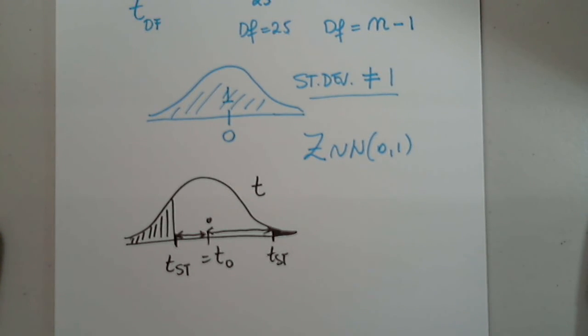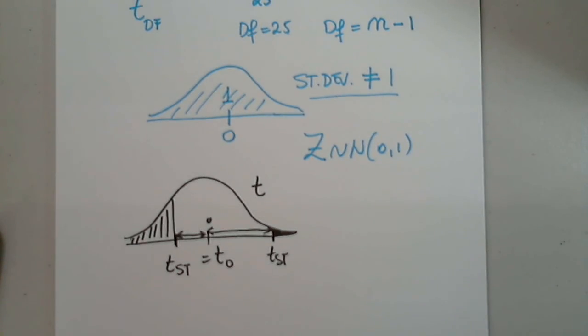Test the hypothesis that the mean BMI, body mass index, is more than 25 using a significance level of 0.05. Assume that the conditions of independence and normal distribution are met. Now this output gives us everything.